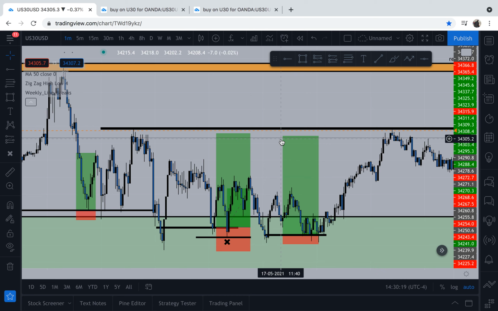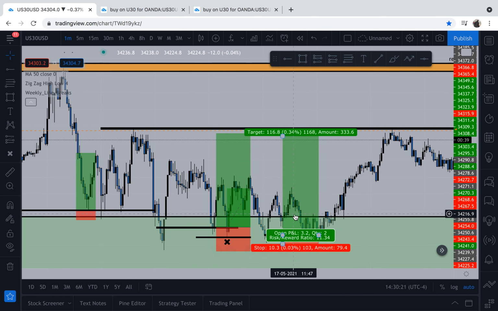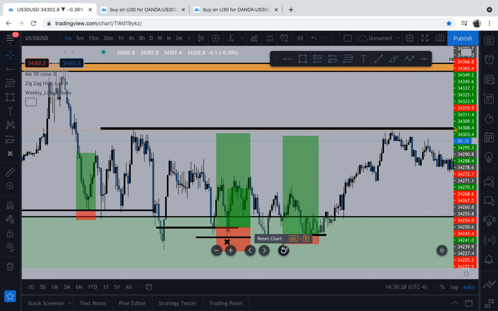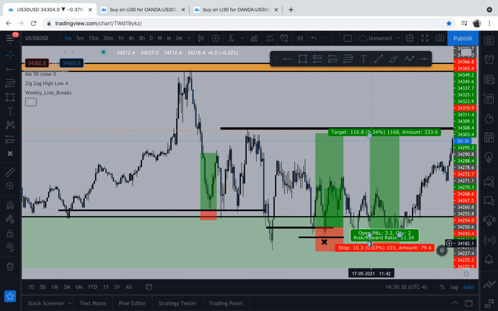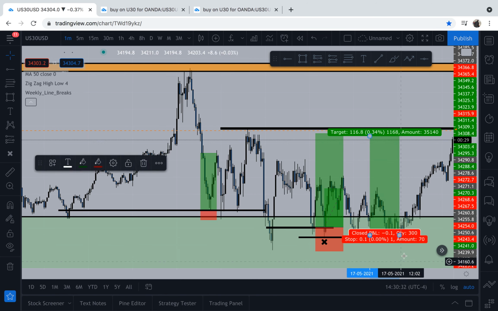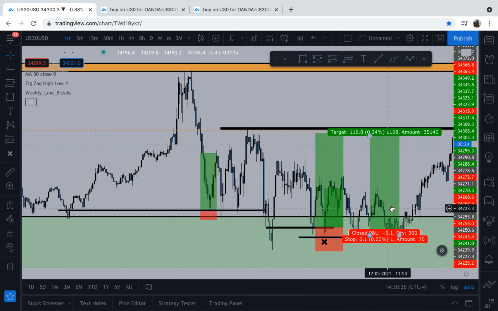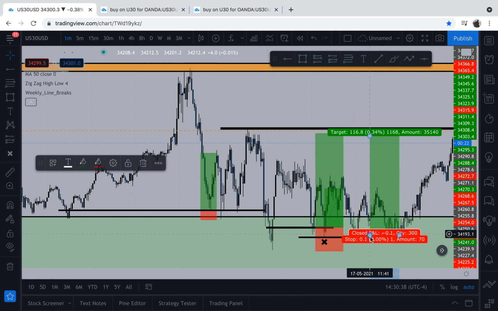But that's also showing the discipline that you must have, because we came up, came back down, and came up again. As you can see, those two wicks right there, it's 2 weeks. You had to have some patience to leave your trade in, because you never know what this market's going to do.